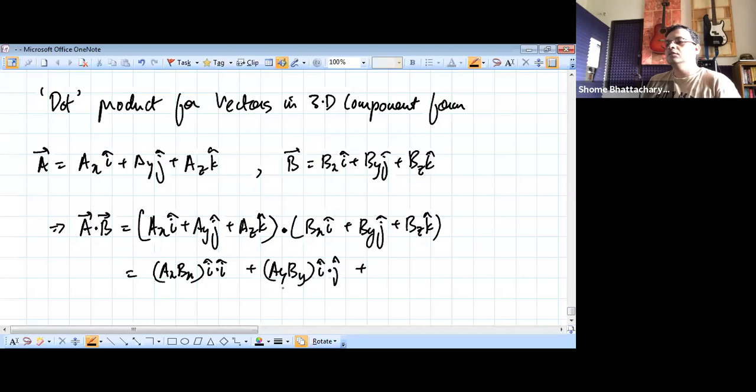Plus similarly, ax by plus ax bz i dot k. So this is 3 of the 9 terms done. I've taken this one with all these 3. Okay.